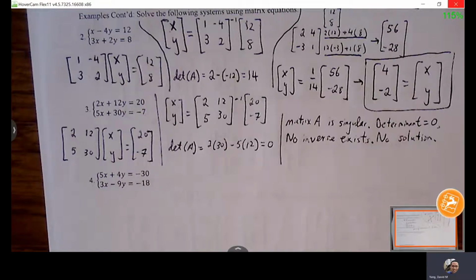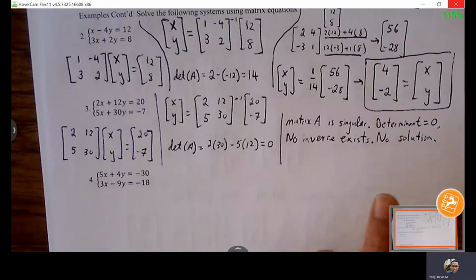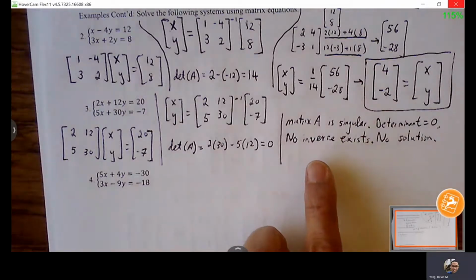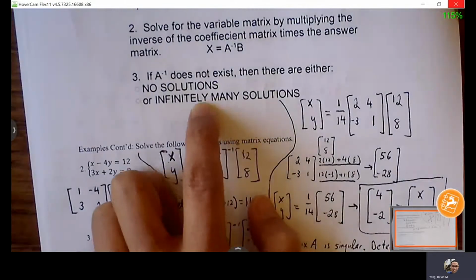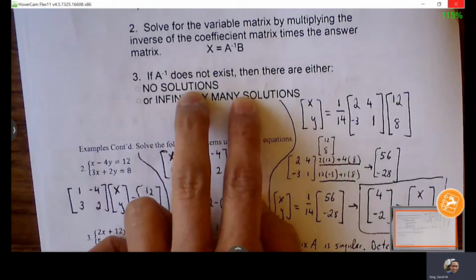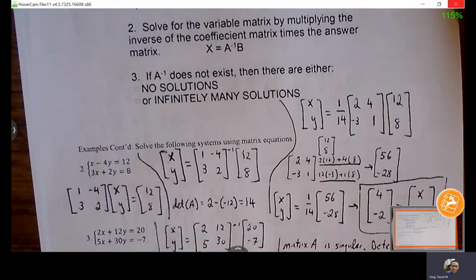I think for us right now, we don't have to worry about which variation we're dealing with. So infinitely many solutions kind of falls under no solution, in the sense that we're not able to pinpoint a specific value.